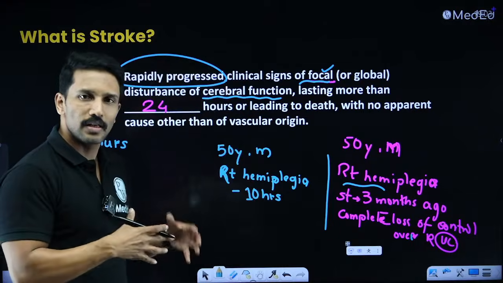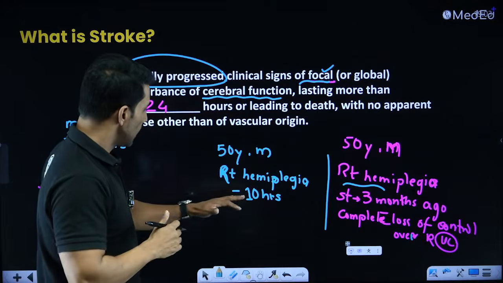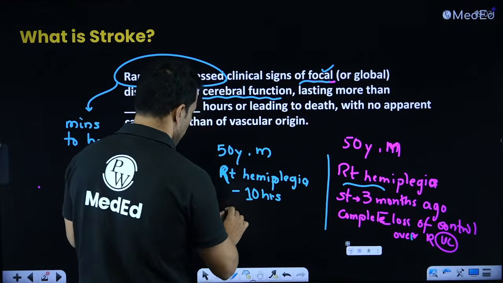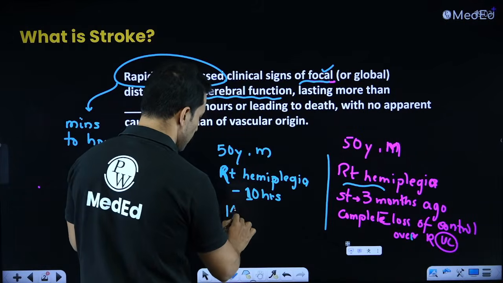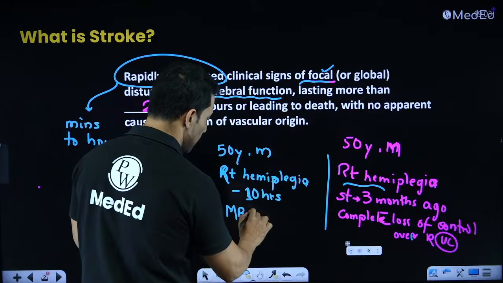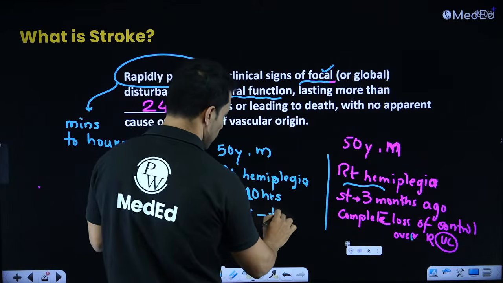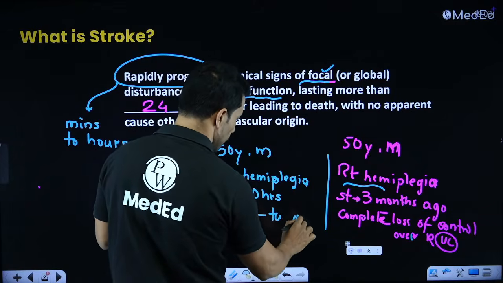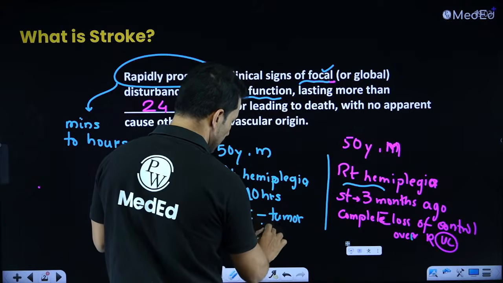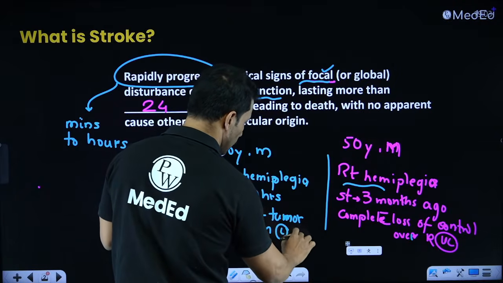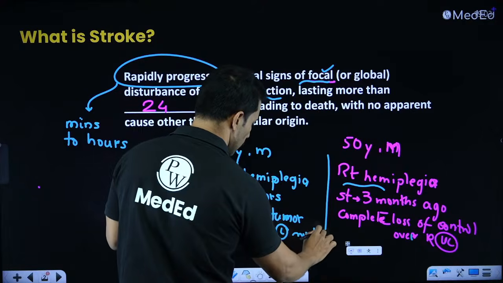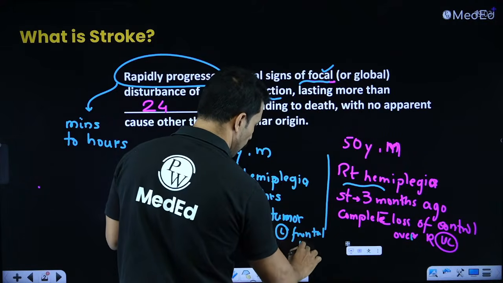Over 10 hours, he has developed right hemiplegia. But when we did an MRI of the brain, it showed there is a tumor in the left frontal lobe.